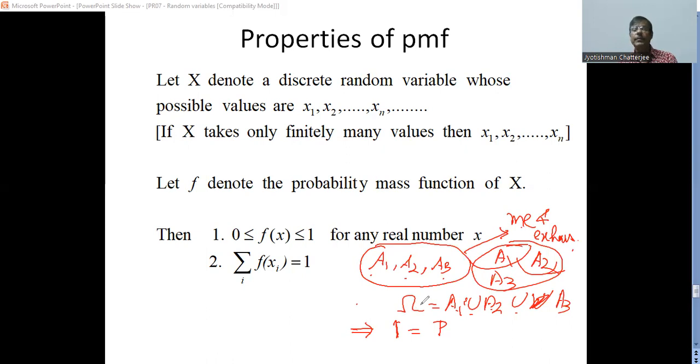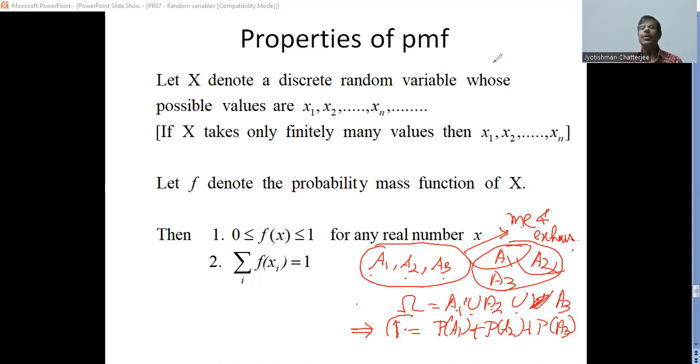The left-hand side gives 1, because this is the whole sample space. On the right-hand side, because they are mutually exclusive, we break it down into different probabilities and just add: probability of A1 plus probability of A2 plus probability of A3. So this is a nice property of a mutually exclusive and exhaustive collection of events. It happens for any such collection, maybe 3, maybe 4, or maybe an infinite collection of events.